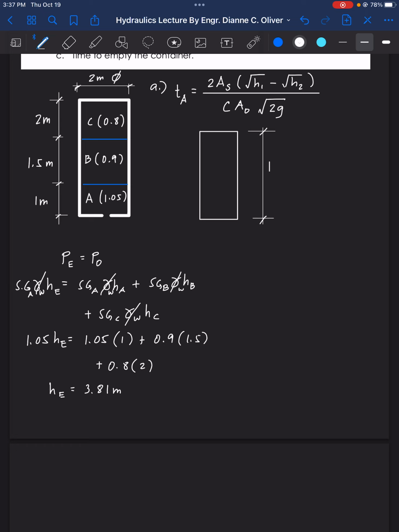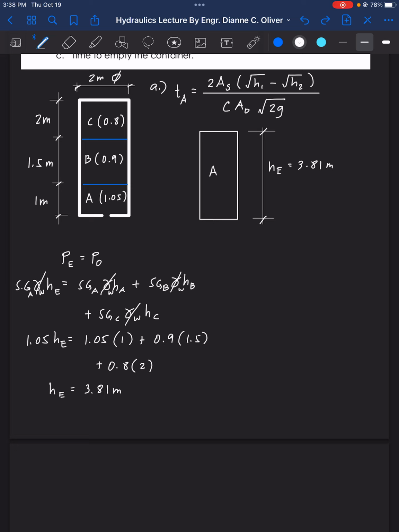Our HE is equal to 3.81 meters of liquid A, and the pressure at the bottom, the original pressure, is the same as the equivalent pressure here.